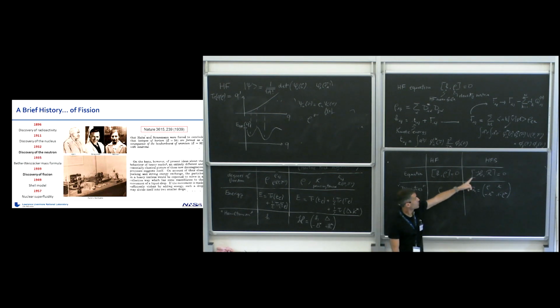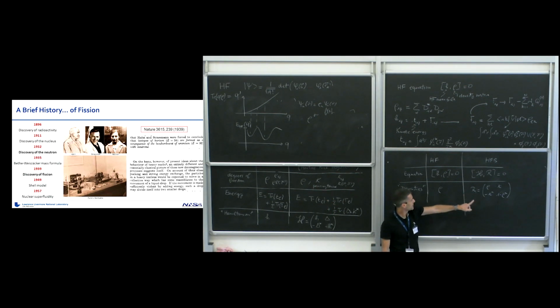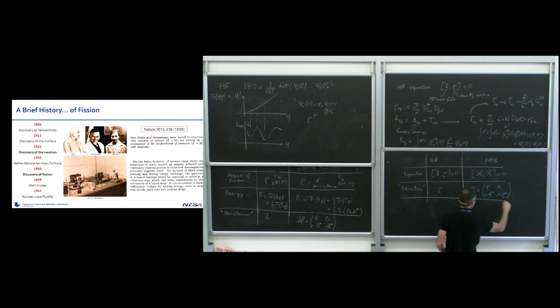You would try to find a basis that simultaneously diagonalizes these two objects, and you would essentially have the same kind of self-consistent loop as before, except that now you also have to specify an initial guess, not just for the density, but for kappa, or alternatively for this generalized density. So you would take a guess for the generalized density, calculate your big H from there. Yes, that's how I realize that I still forgot something.